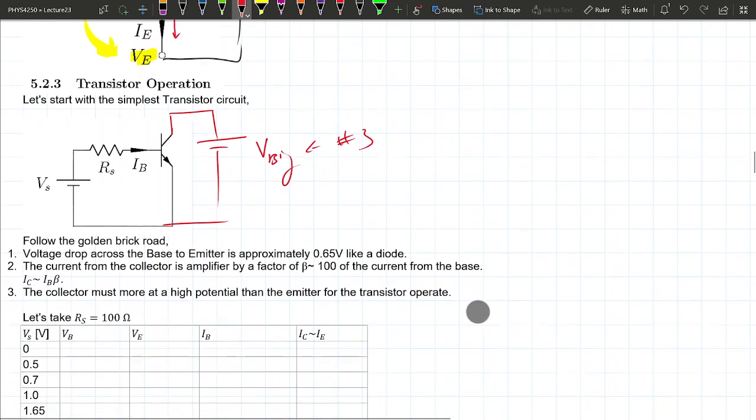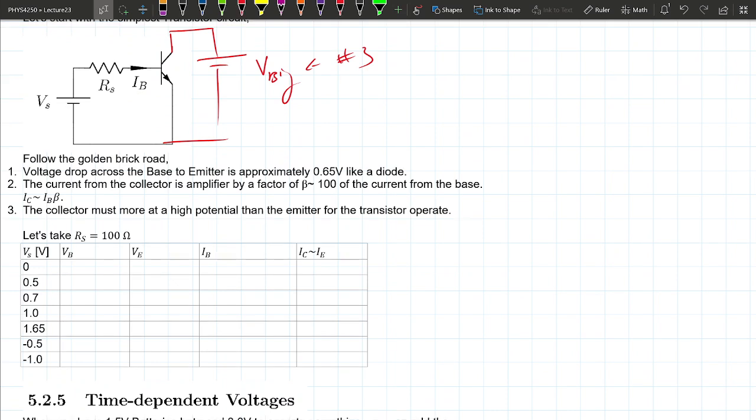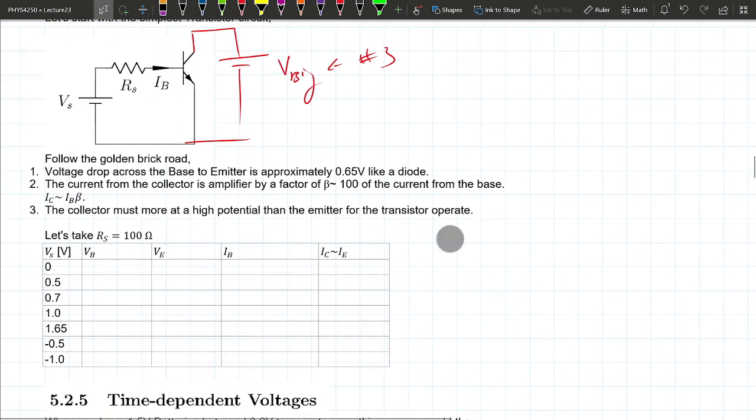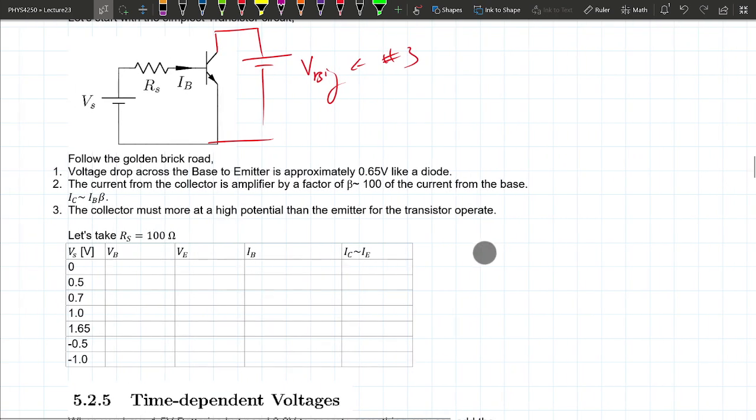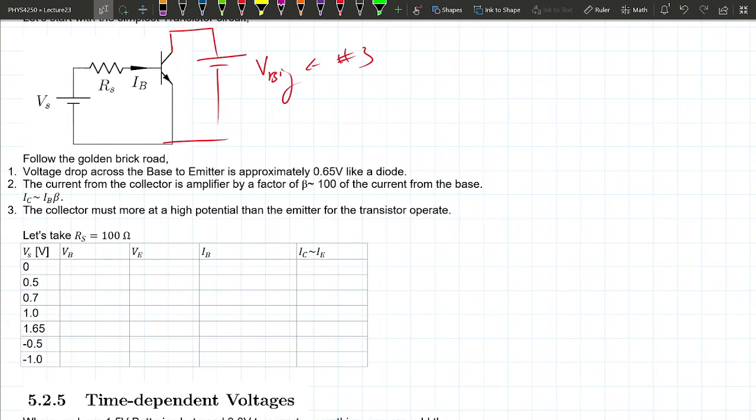So we're going to apply the rules here: 1, 2, 3. The voltage across the base to the emitter is approximately 0.65 volts, and the current gets amplified by a factor of beta. In this case, just use beta at 100, which is what the transistor in this lab is going to be.